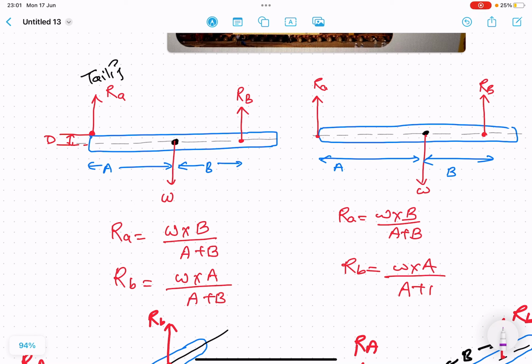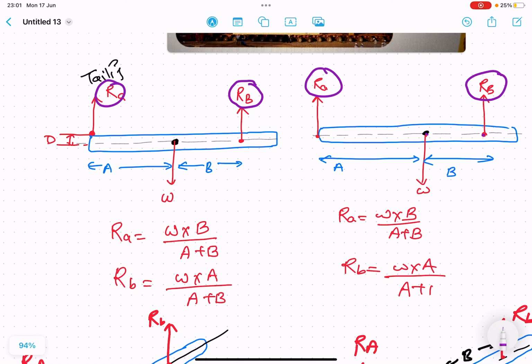This is the first case where RB is the main crane. RB is the main crane in both cases. RA is the assisting crane, or the tailing crane. Now in both cases, one lifting point is at a distance B, the other lifting point at a distance A, the same.